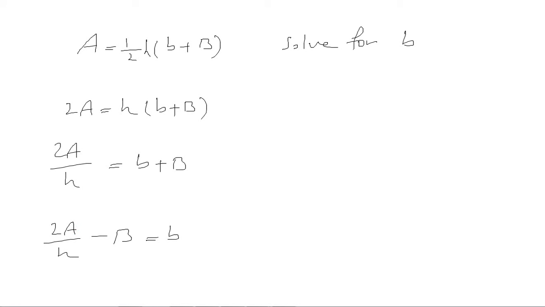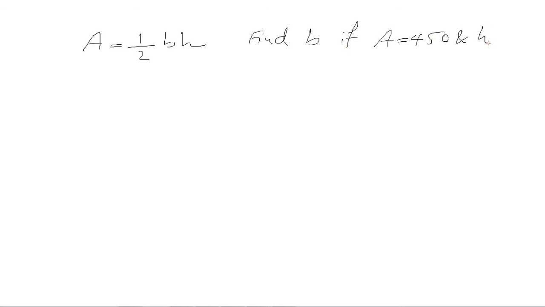Okay, let's look at one more example. In the formula a equals 1 over 2 bh, find b if a equals 450 and h equals 9.